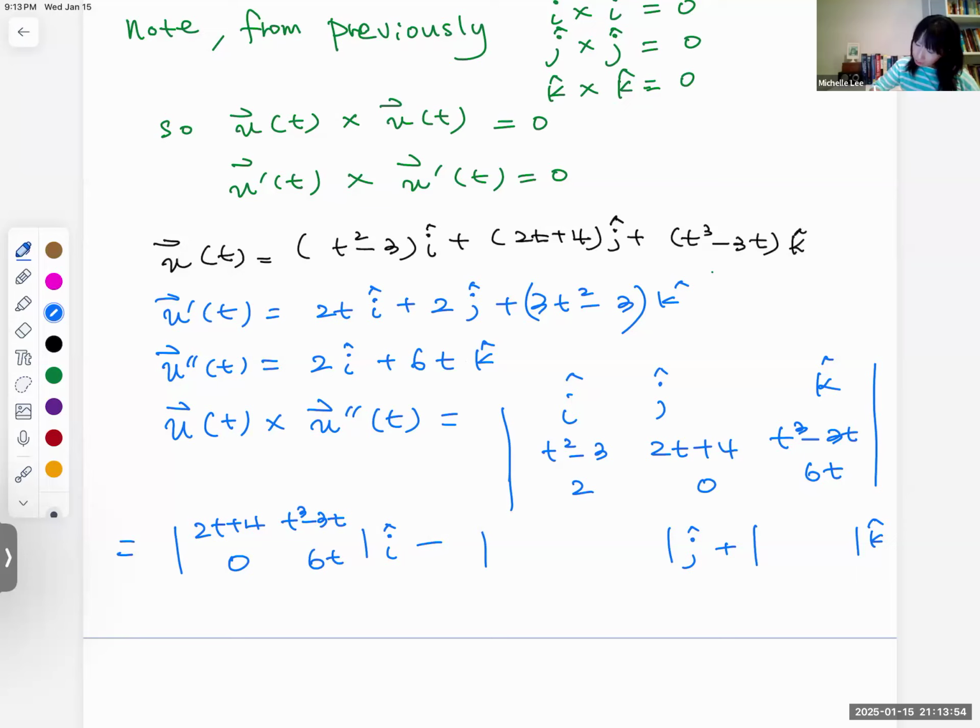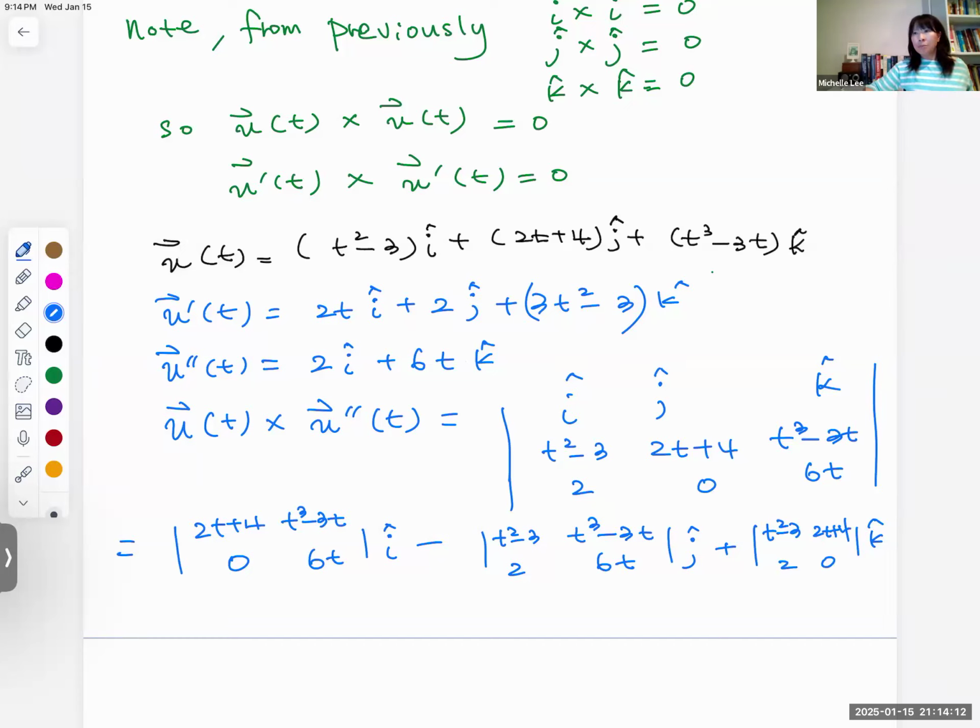Okay, i hat, j hat, k hat. It is a little more complicated than earlier. For i: (2t plus 4), (t to the third power minus 3t), 0, 6t. For j: 2, (t to the third power minus 3t), 6t. For k: (t squared minus 3), (2t plus 4), 2, 0.